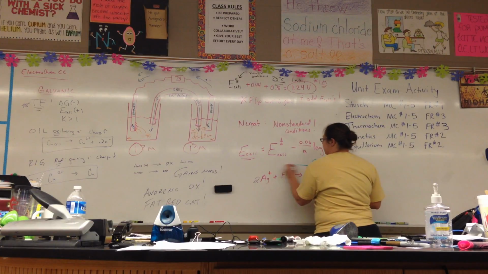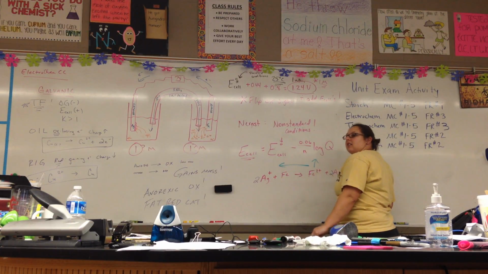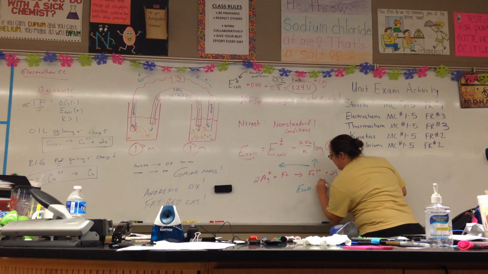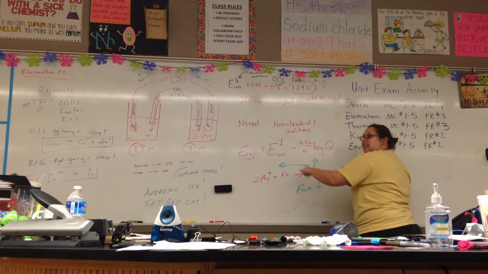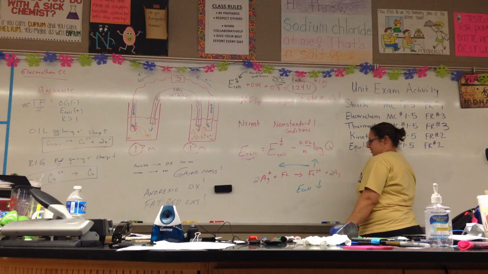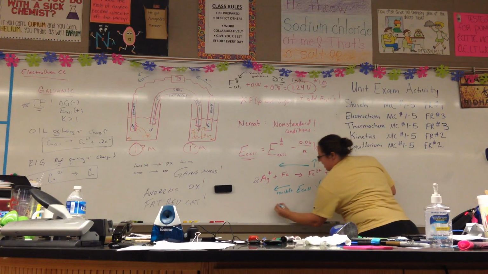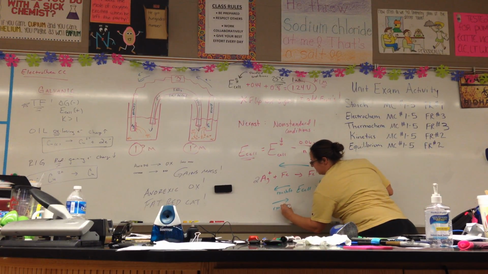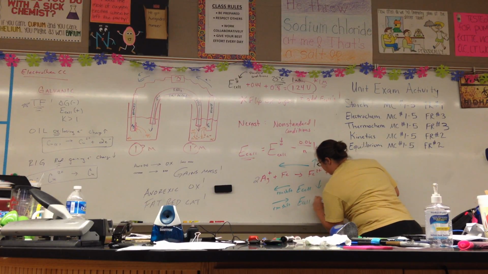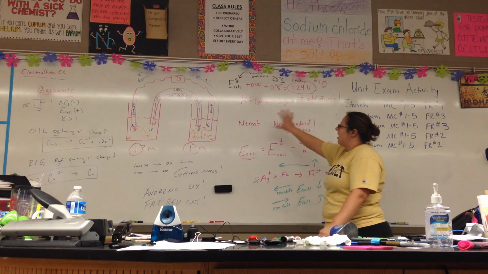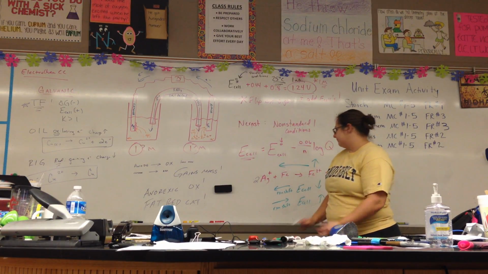Well, we know my reaction is going to shift in this direction, so it will decrease my E cell. If my reaction shifts in this direction, E cell decreases. If my reaction shifts in that direction towards the products, my E cell increases. And that's the conceptual component of the Nernst equation.